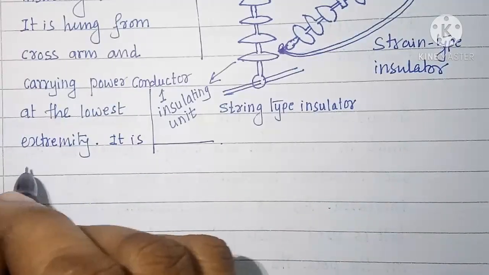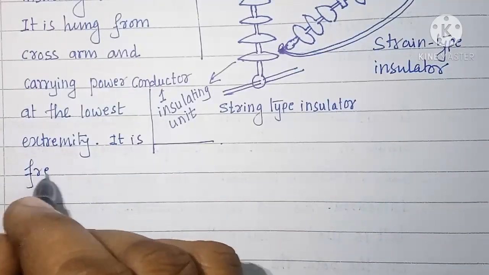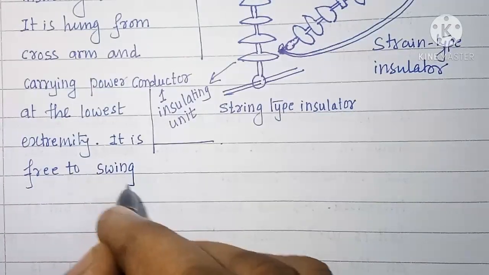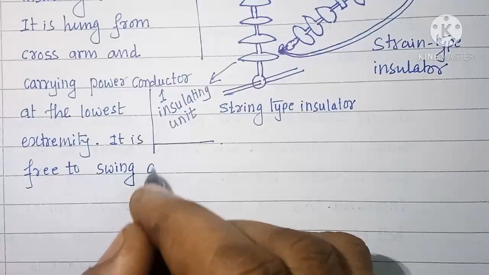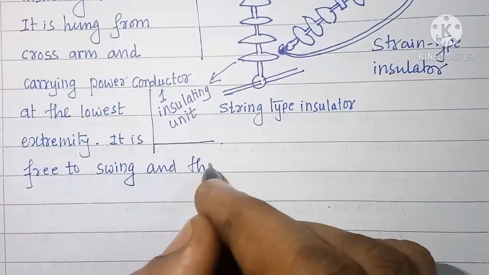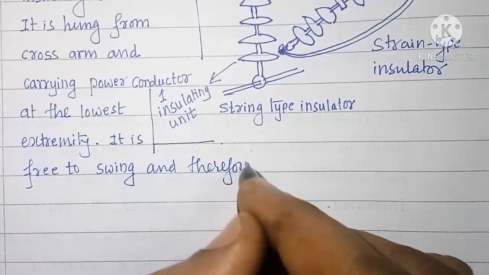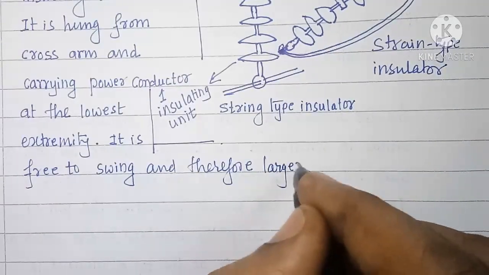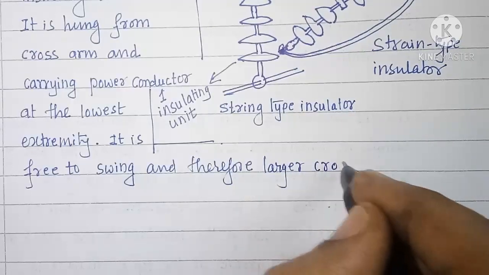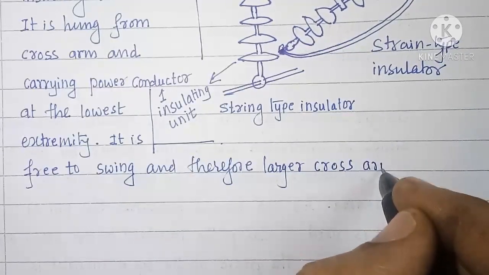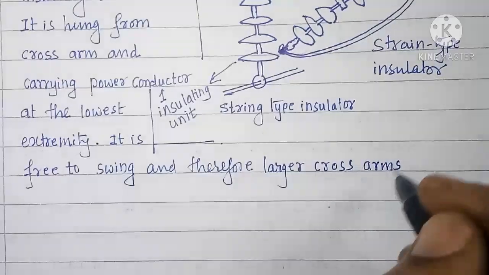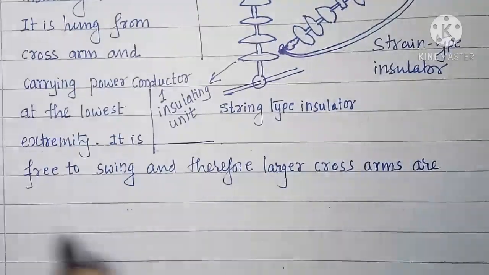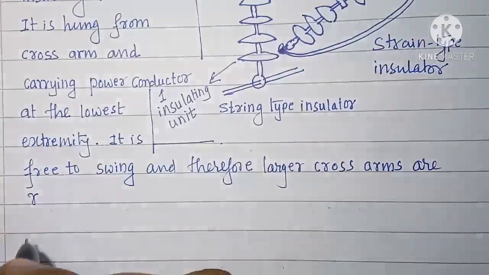It is free to swing and therefore larger cross arms are required.